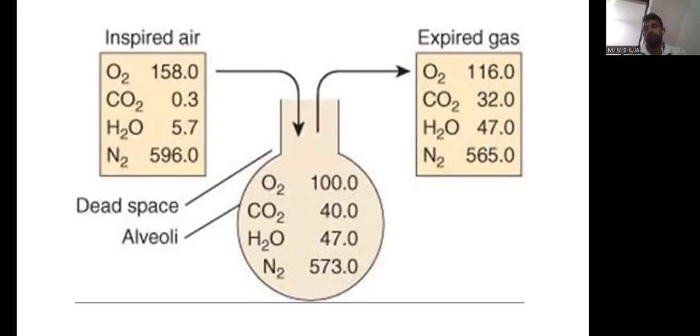That increase in expired air compared to alveoli is due to the dead space, because with the expired gas, alveolar air aggregates with dead space air. And you have to remember the partial pressures of carbon dioxide and oxygen in inspired air, alveoli and expired air.